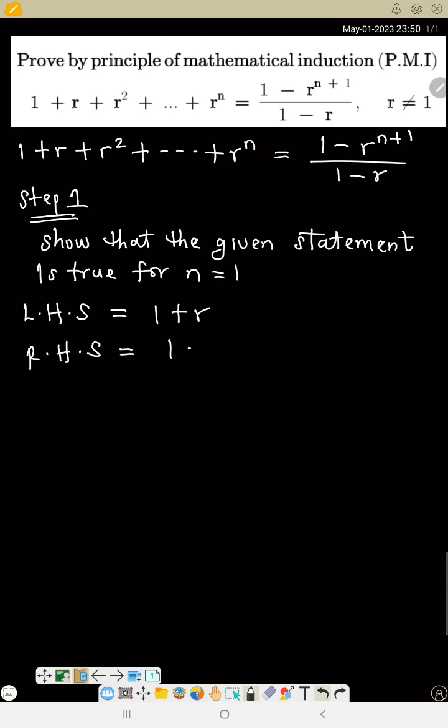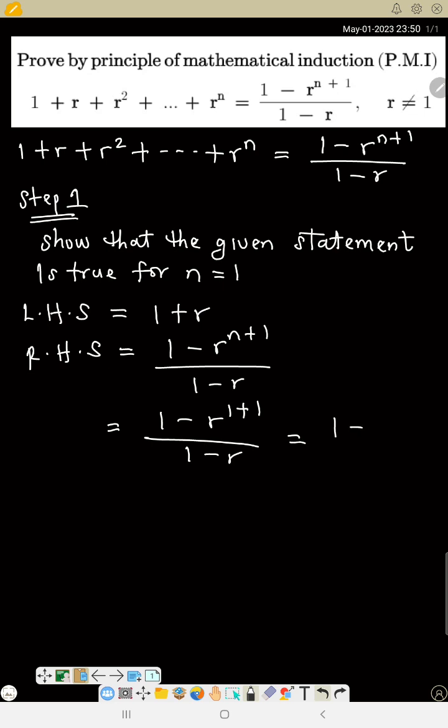1 minus r raised to power n plus 1 divided by 1 minus r. So if n is 1, this is 1 minus r raised to power 1 plus 1 divided by 1 minus r.